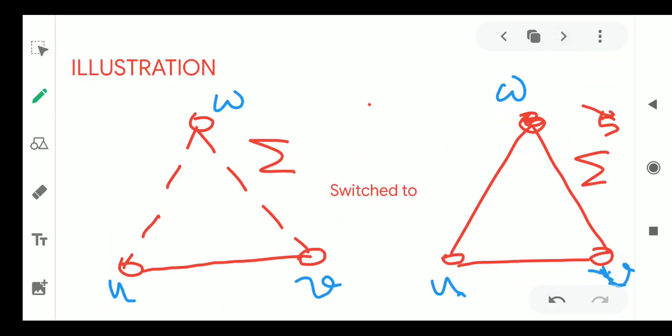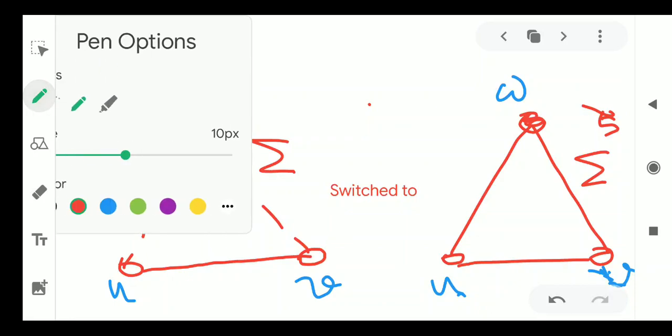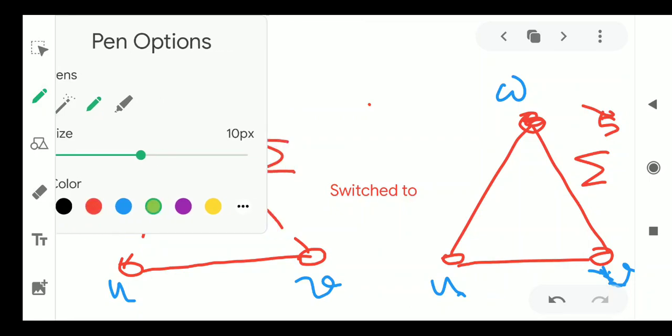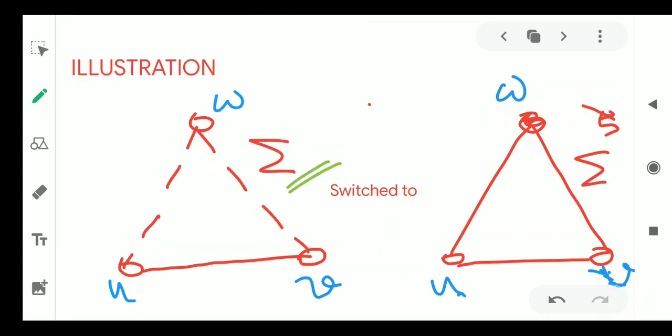Let me illustrate. Here we have on the left side a given sine graph sigma with two negative edges and one positive edge. Now I am switching this sigma to sigma zeta.